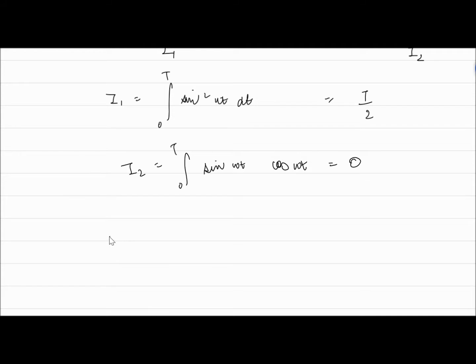So what is the final answer? We get W is equal to E naught I naught cos phi, t by 2, as the second part becomes 0. So W is equal to E naught I naught cos phi into t by 2.